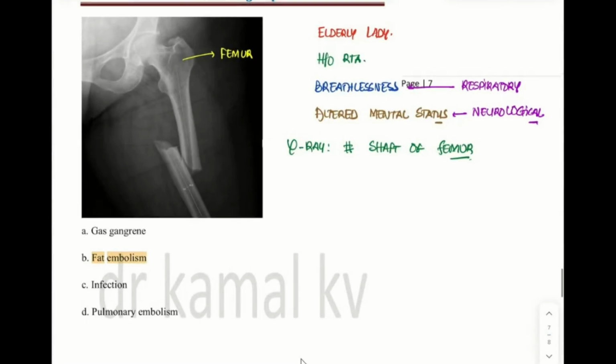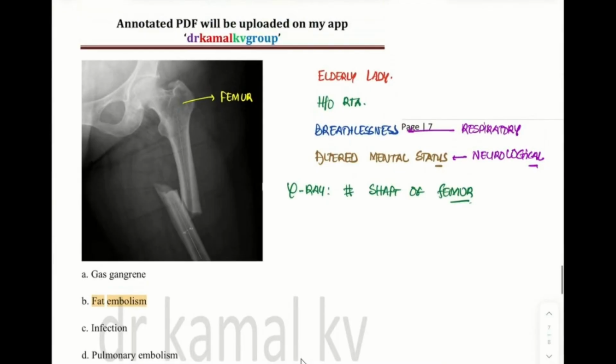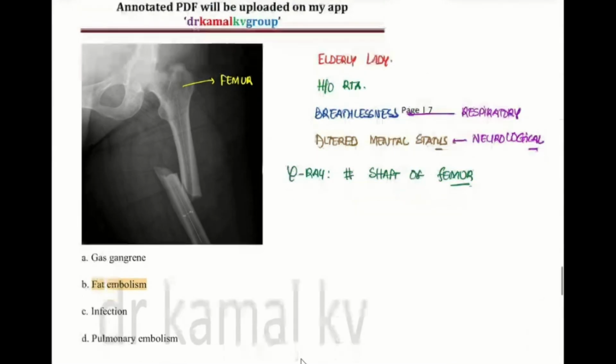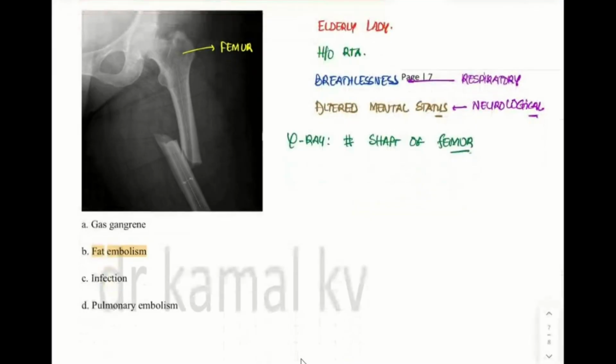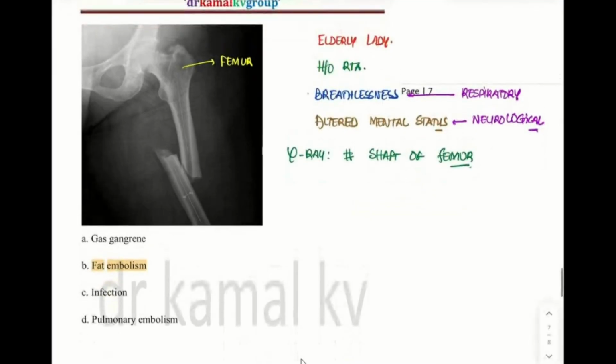Now this is especially seen with fracture of the femur, or if multiple bones are fractured, polytrauma, right? So this is one thing. Then secondly, there is a respiratory symptom, there is a neurological symptom. Also, we can see a rash, right? It can be seen on the neck or lower conjunctiva.